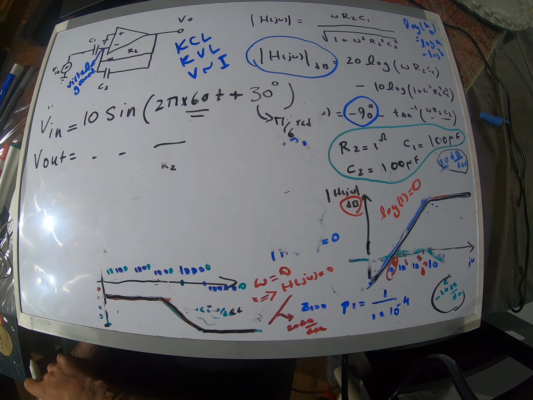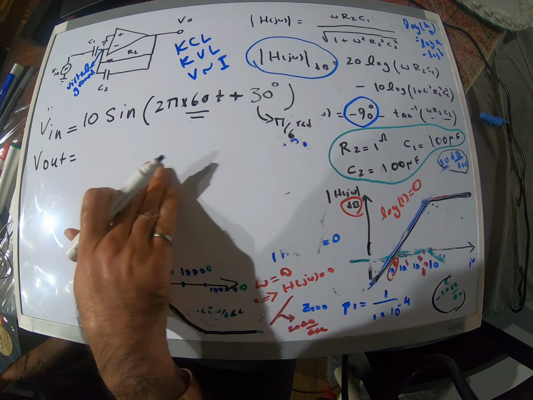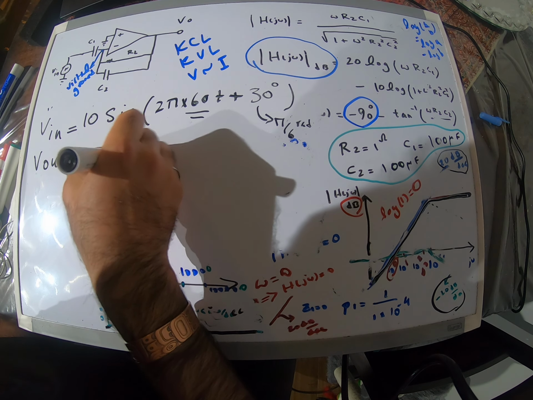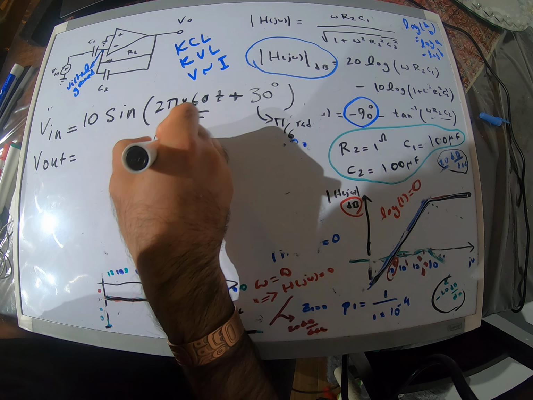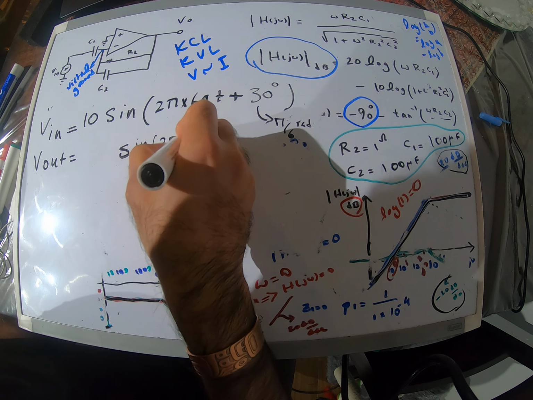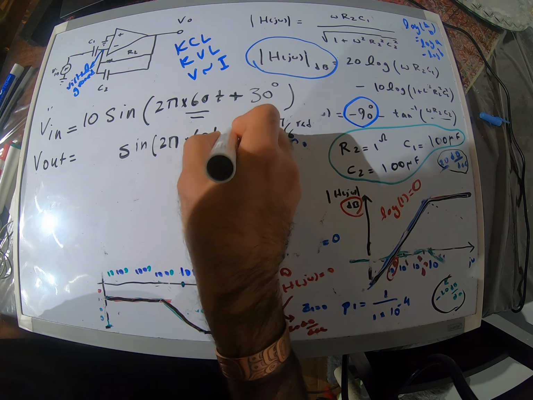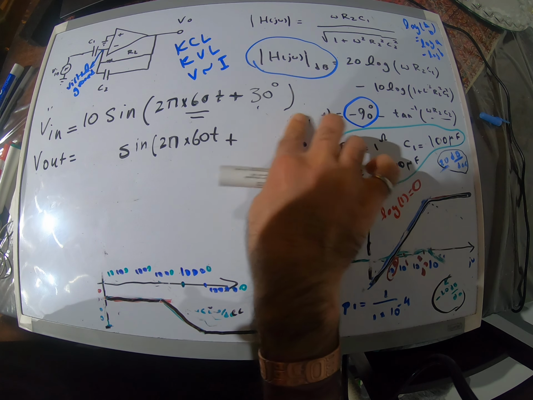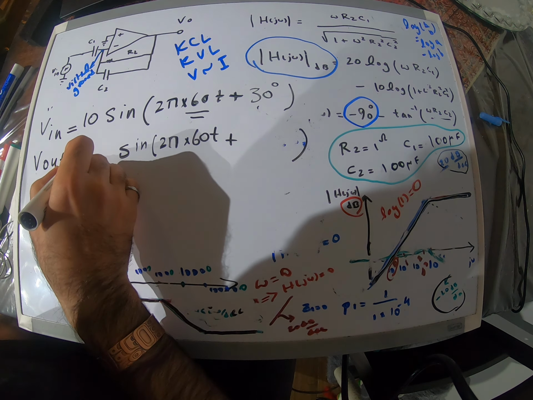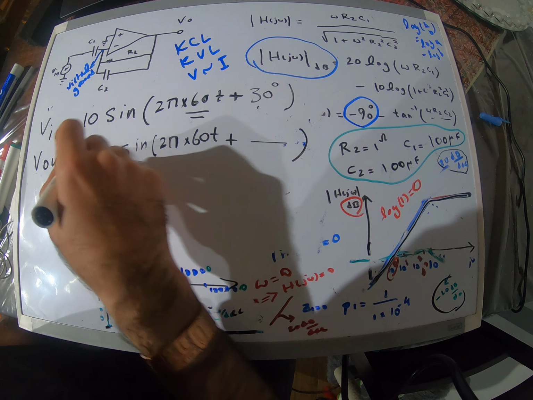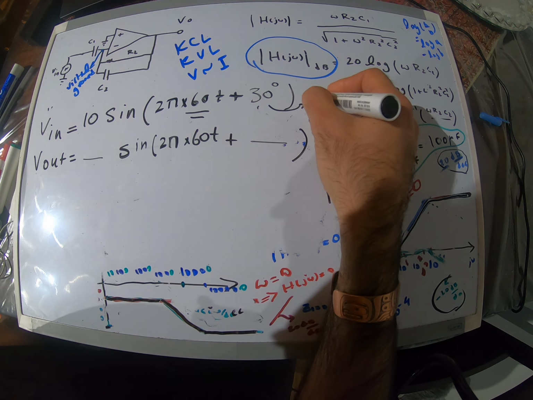The magnitude and phase are going to change, but the frequency is going to be the same. So I can write down my output like this: sine of 2 pi times 60t plus something, which I don't know what it is. And I don't know what the coefficient is, what the magnitude is. This is pi over 6.